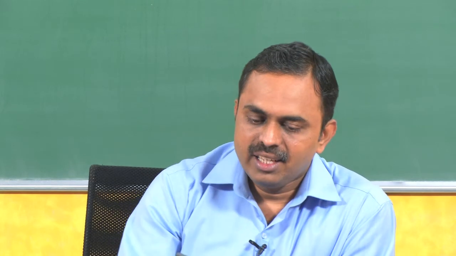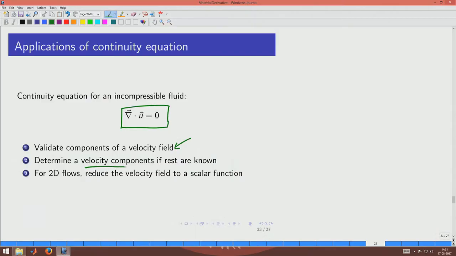And the continuity equation is also useful in determining the velocity components. Let us say you have 3 components here, and 2 of them are known, and what is the third component? You could substitute and verify, and then determine. So, you have ∂u1/∂x1 plus ∂u2/∂x2 equal to minus ∂u3/∂x3.